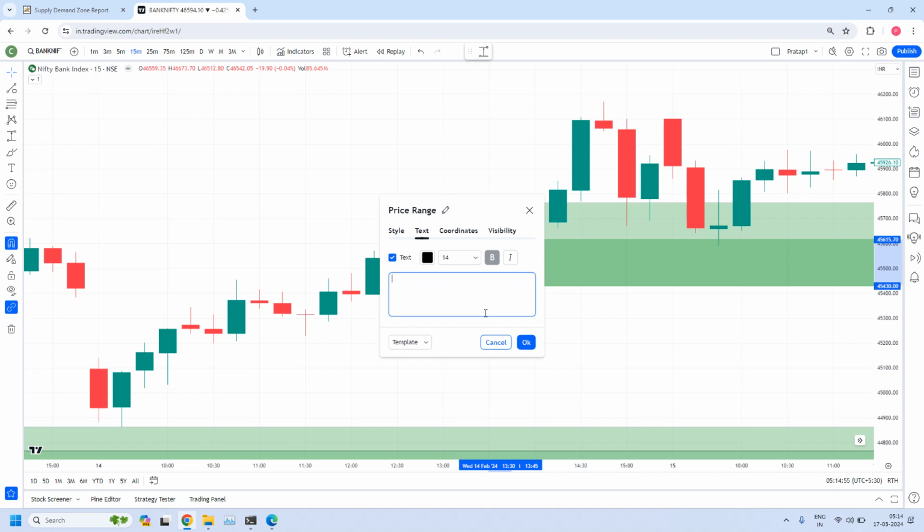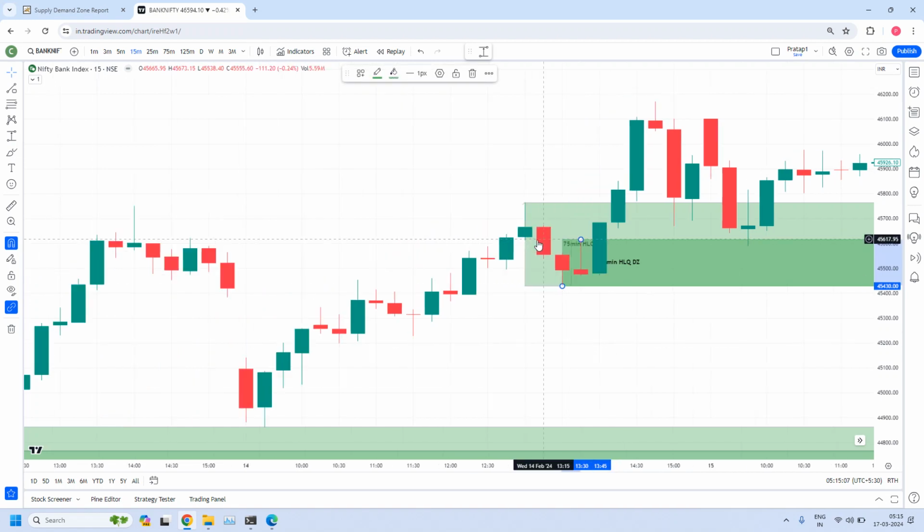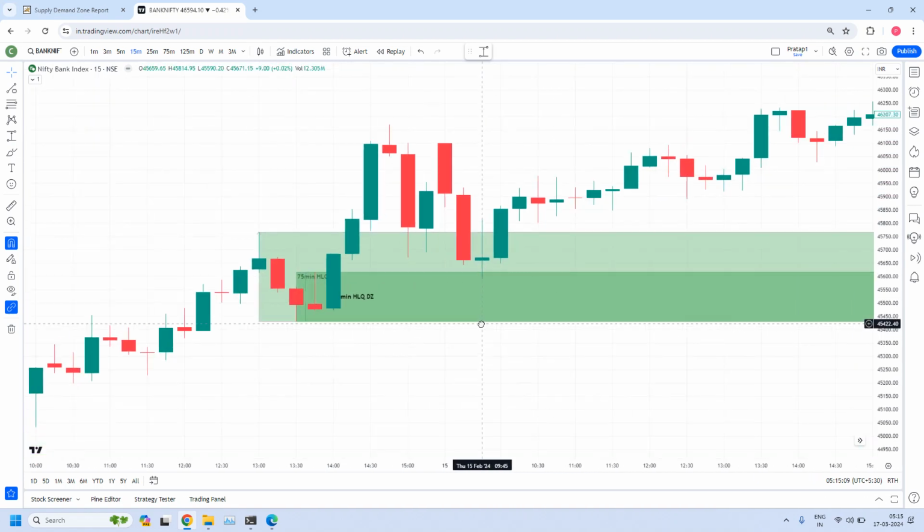So this is a 15 min HLQ demand zone. This is the high liquidity demand zone.